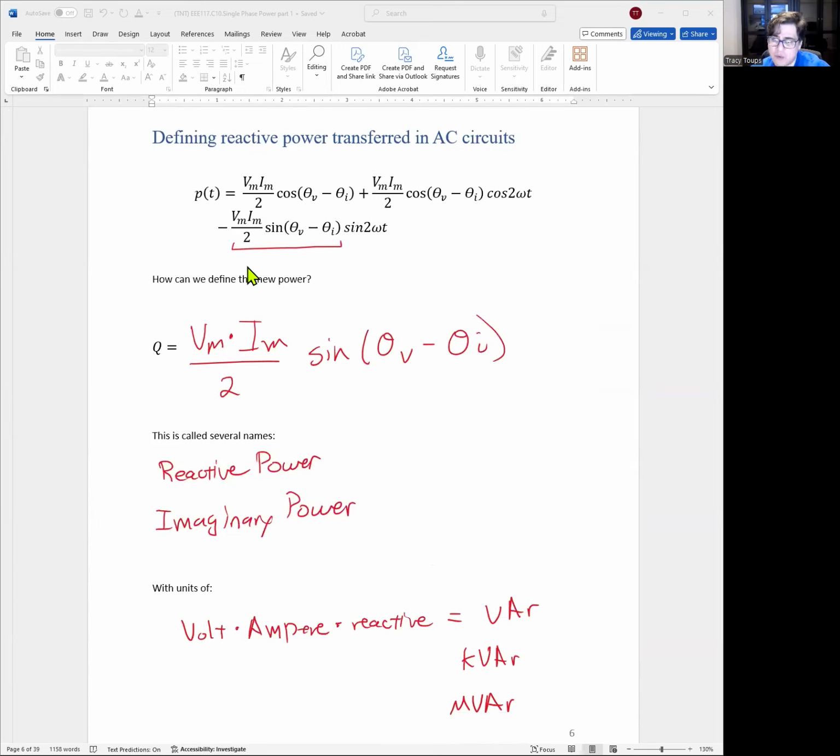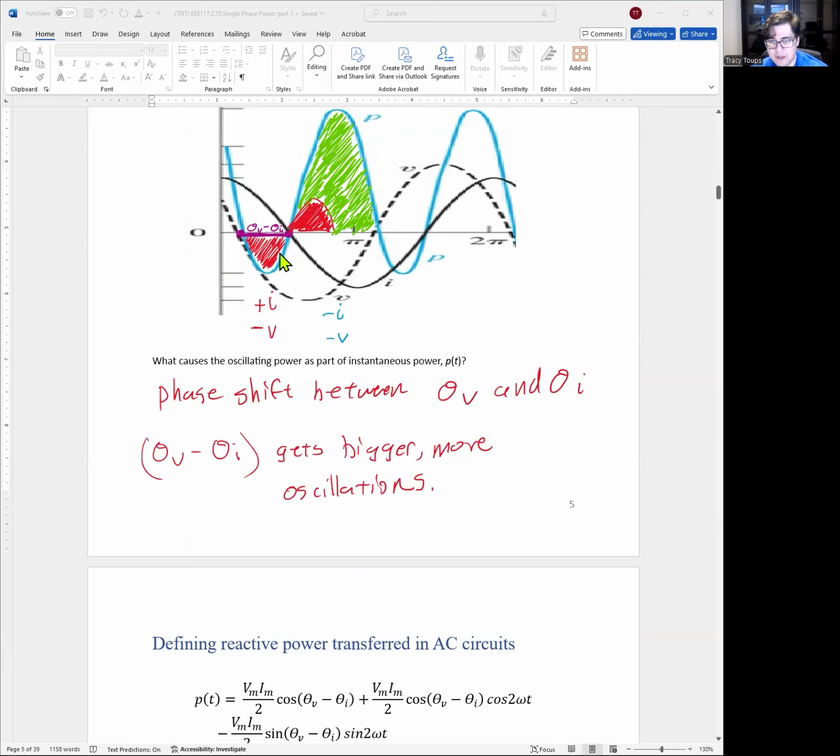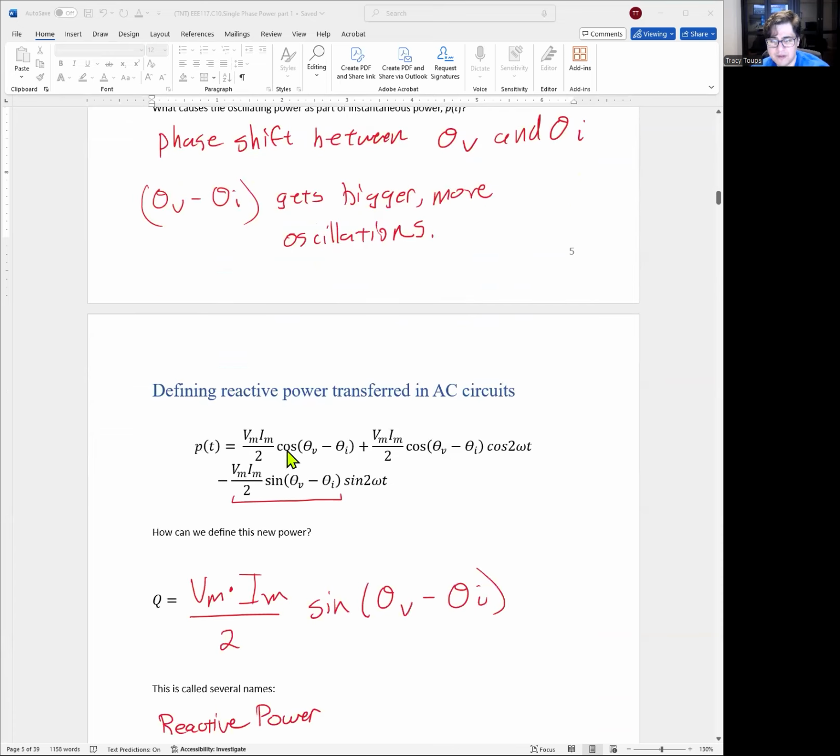Now, out of this equation, what represents reactive power the best is this last term, mainly because you have to subtract it from the instantaneous power. Because remember, we talked about this cutting away from the averaging part. See up here, remember, we're subtracting from the averaging part. So that's why we use this negative value. Additionally, because it's a sine function, the bigger the phase shift gets, the more this negative number grows.